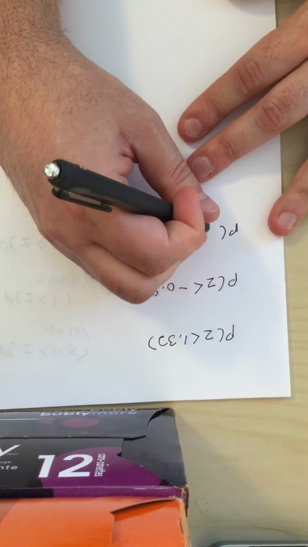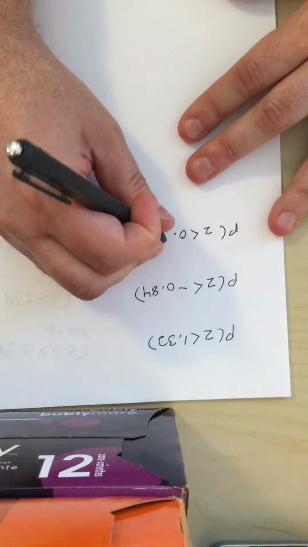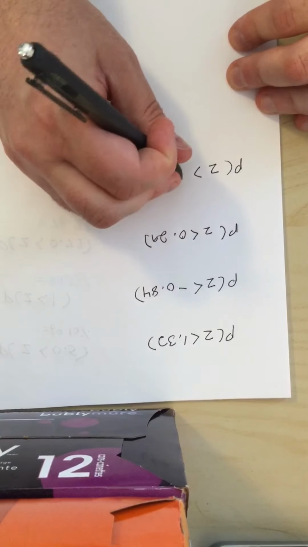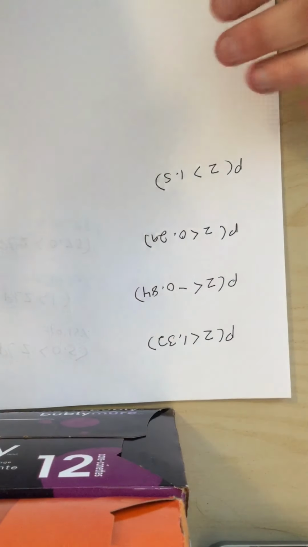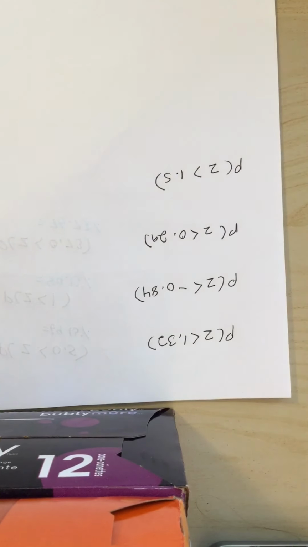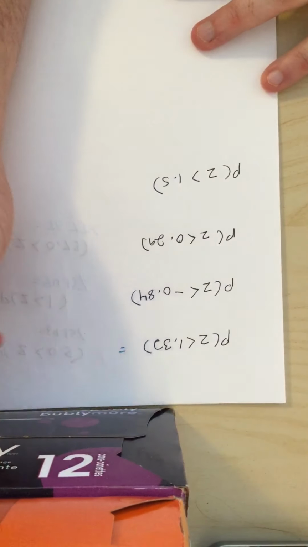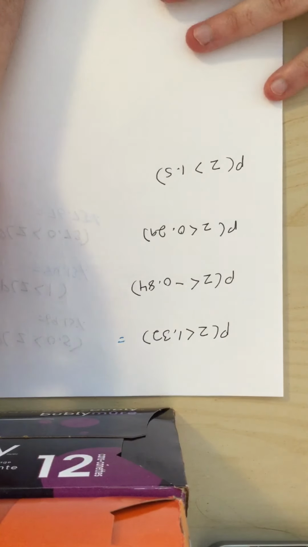What is the probability that z is less than 0.29? And what's the probability that z is bigger than 1.5? So I would pause the video right now and print out a z-score chart and see if you could do it yourself. So the answers are, assuming you've already figured them out, we're just double checking.